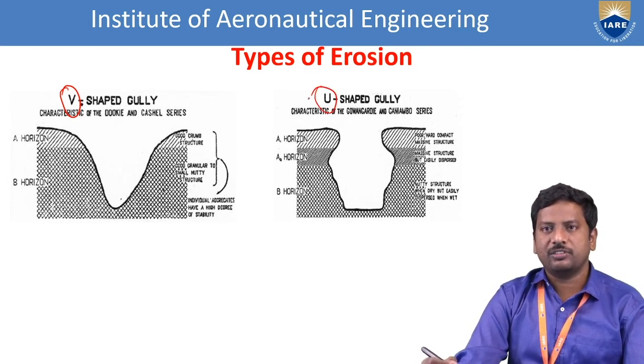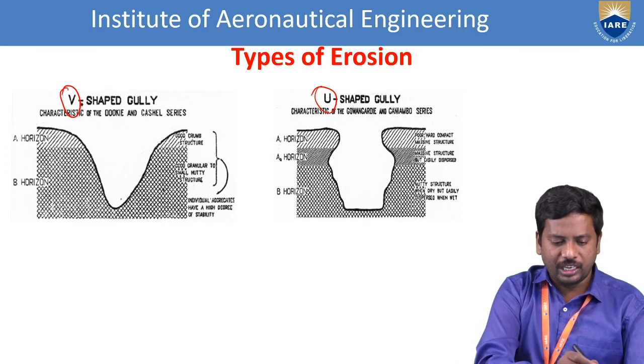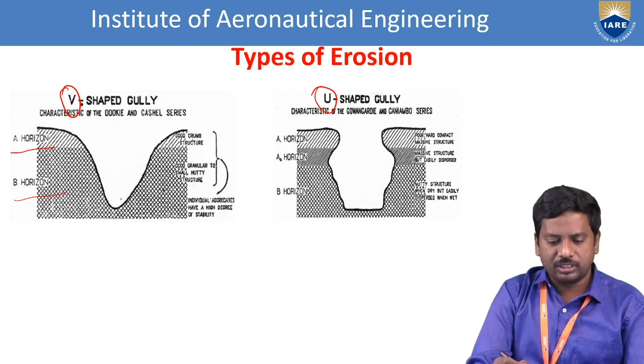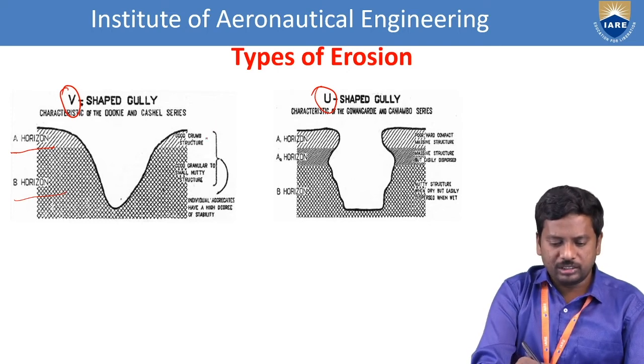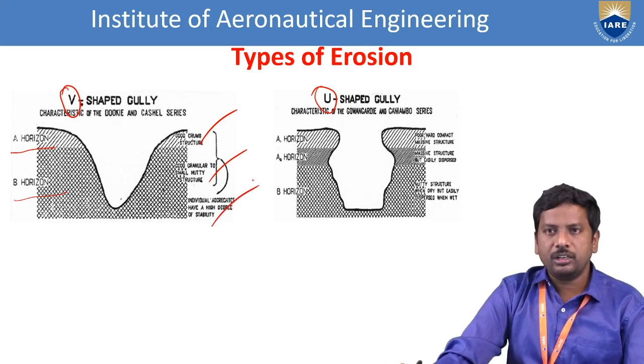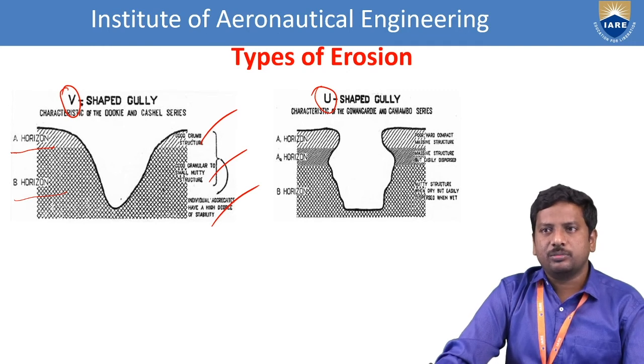Okay, so first of all, the V-shaped gully. What are the characteristics of the soil series? It has an A horizon, and the second one is the B horizon. That means in this case we see good ground structures, good granular to small multi-structure, and individual aggregates have a high degree of stability. So this is about the V-shaped gully, and now let us look at the U-shaped gully.